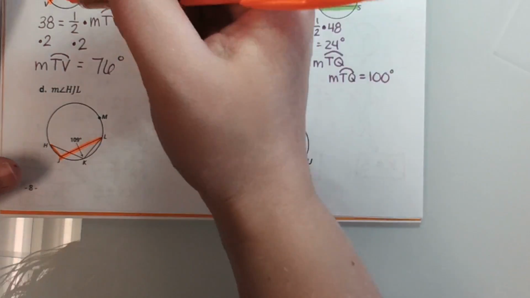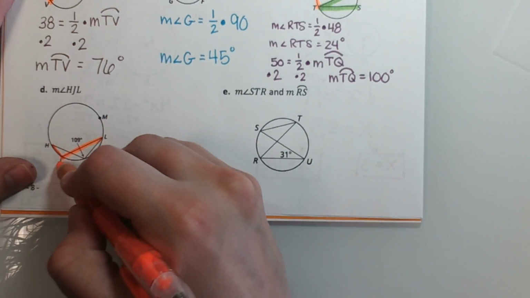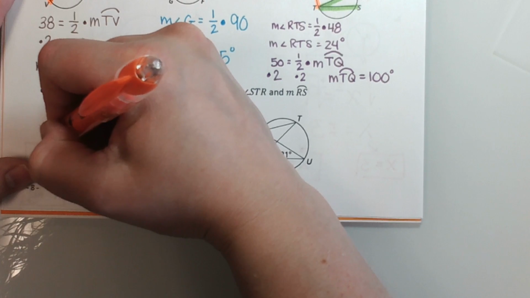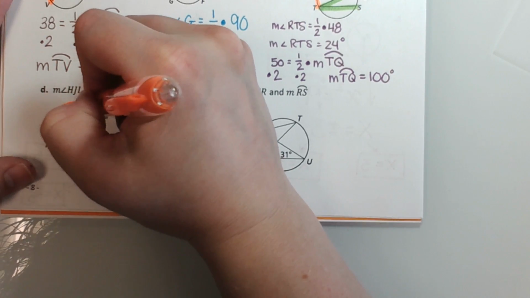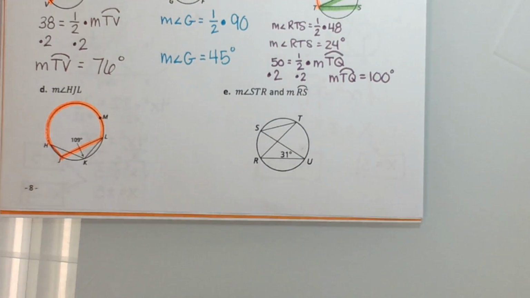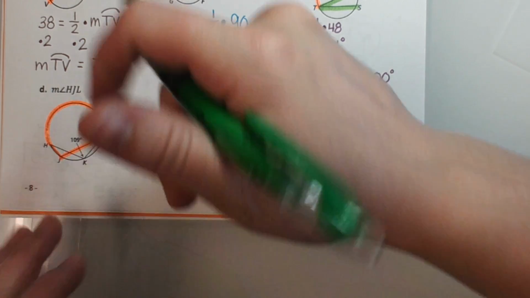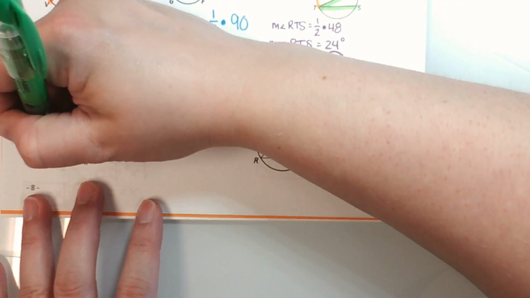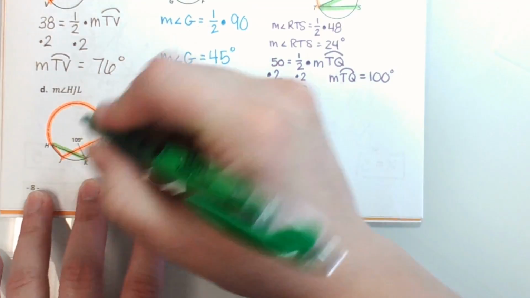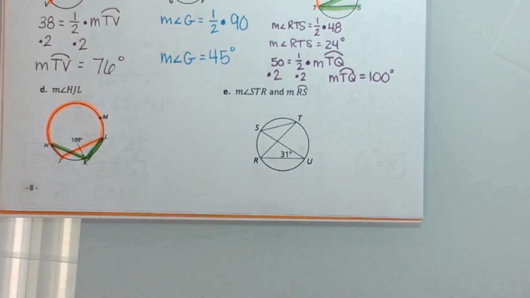Okay, so let's do a little bit of highlighting. This angle's intercepted arc goes from H to L all the way around. The other angle that we're given is this angle here. Also an inscribed angle.